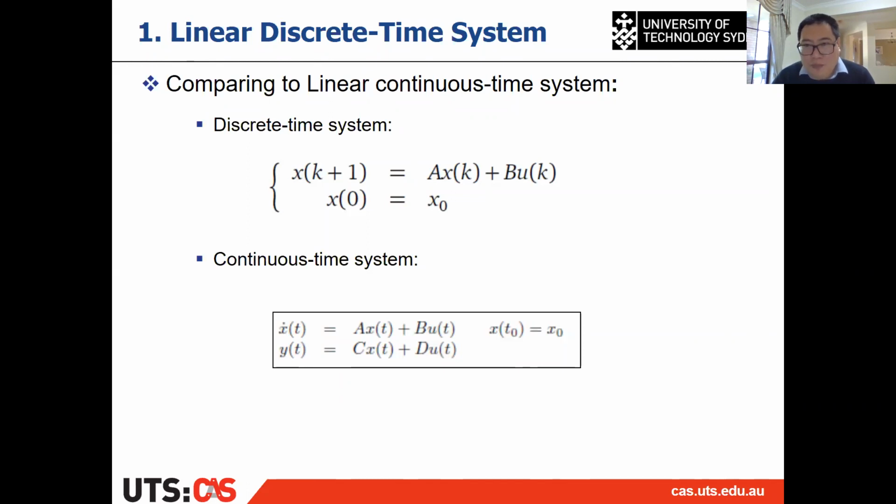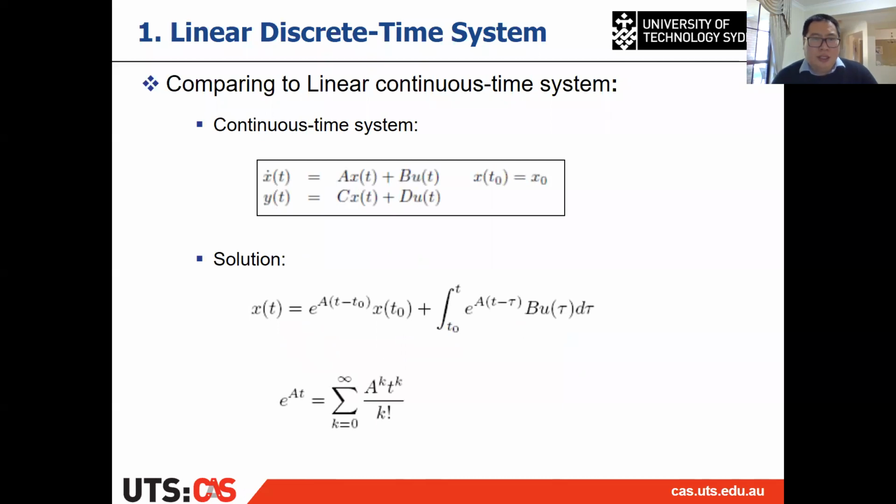All right, so that is the comparison. And if you remember, for the continuous time system, the solution is something like what we have on the slide. And what's the meaning of the solution?